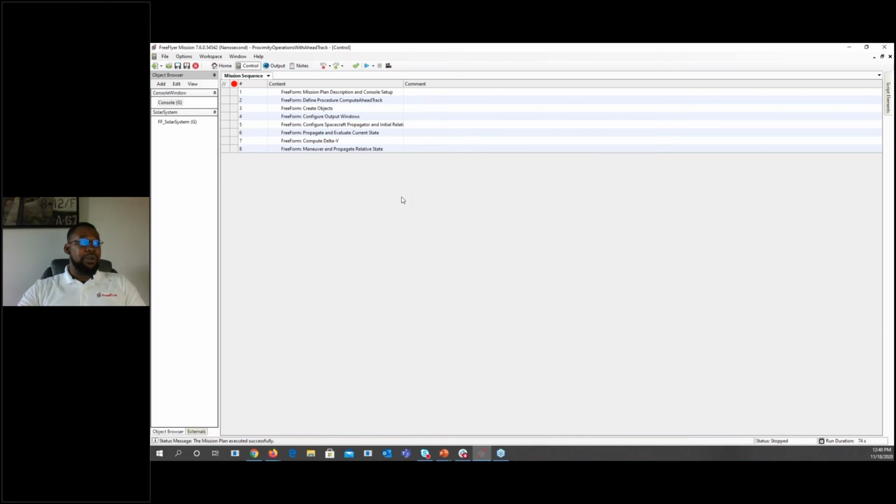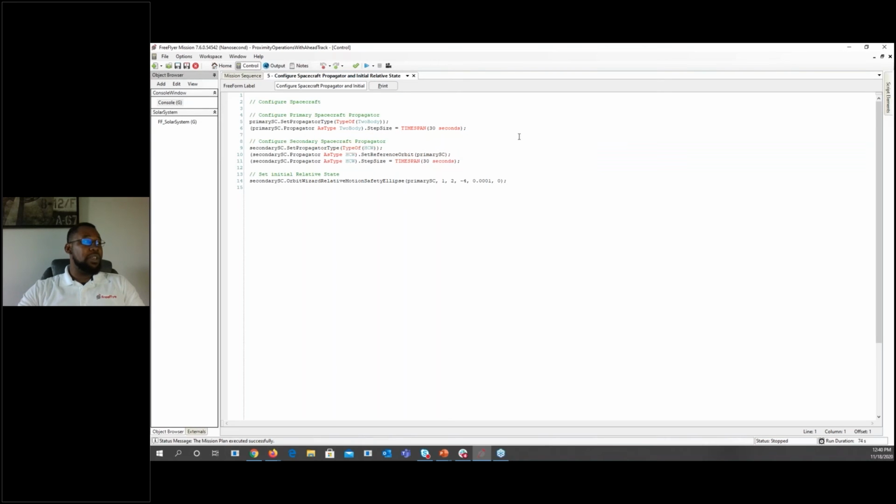Now, if we were to flip over to our control screen and look, we can see that our sample mission plan here was set up using only freeforms, and in this freeform, we've set up our primary spacecraft to use a two-body propagator, but our secondary spacecraft is using the HCW equations of motion, where we're setting that reference orbit just using our primary spacecraft and then setting our step size.